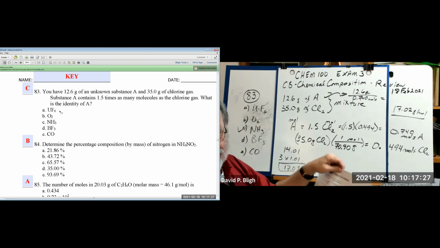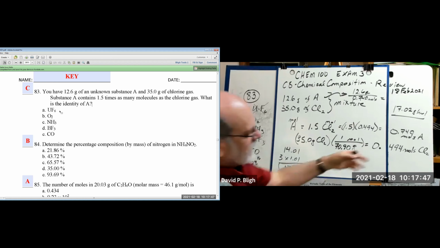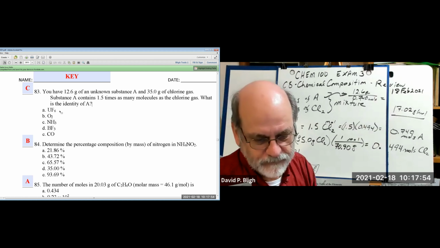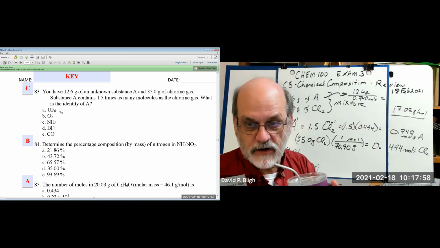But fluorine is 19, right? 19 and 10 would put it way over. Just one fluorine would do it. So that's why this one won't be it. And carbon monoxide is 12 plus 16 is 28 in the neighborhood. And that's too much. So ammonia's it. By exact calculation and by process of elimination, whichever you choose.